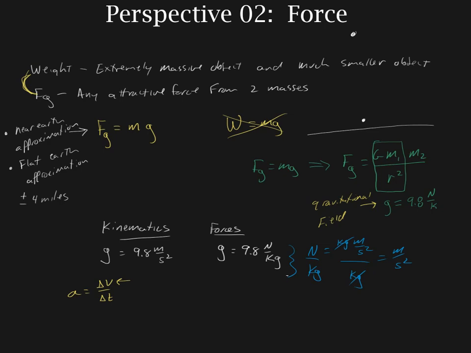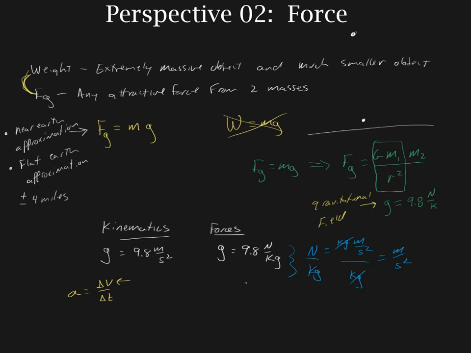So basically, the gravitational field is the force which will exist. Well, I can't say it's the force that will exist, but it's the potential for a force to exist if you place another mass in that region. But if you don't place another mass in that region, then it's not possible for the force to exist.